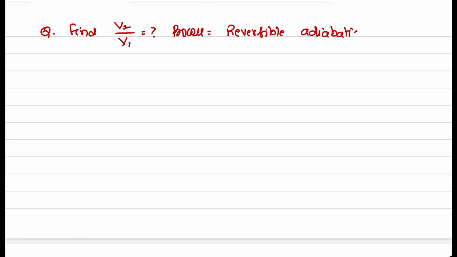Find the ratio of final volume by initial volume, V2 by V1, when the process is reversible adiabatic. In this, some hidden concept is there, I will explain now. In each and every sentence of this problem, there are hidden concepts.